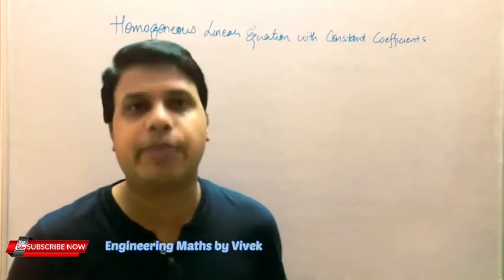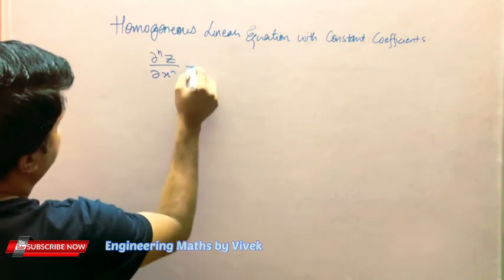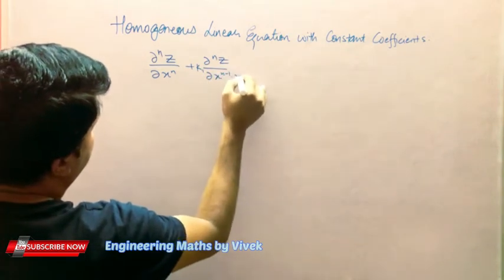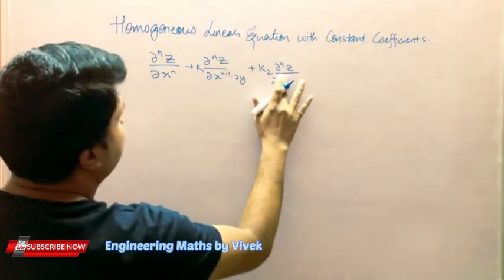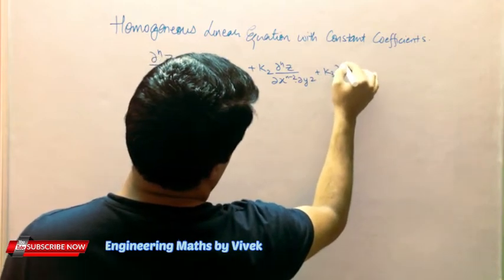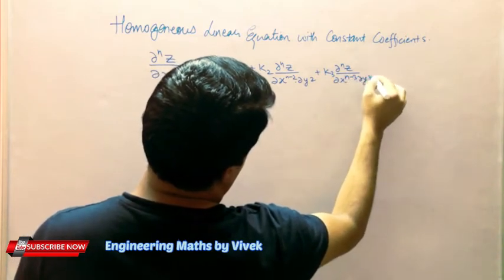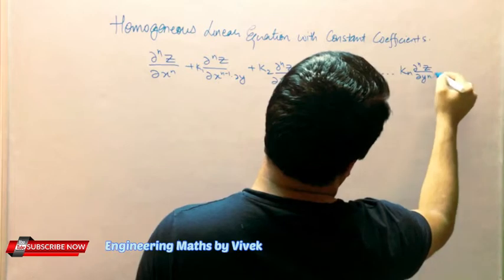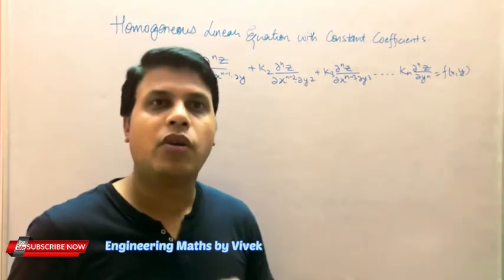After that we are going to describe it. The equation which is written in this form is called a homogeneous linear equation.